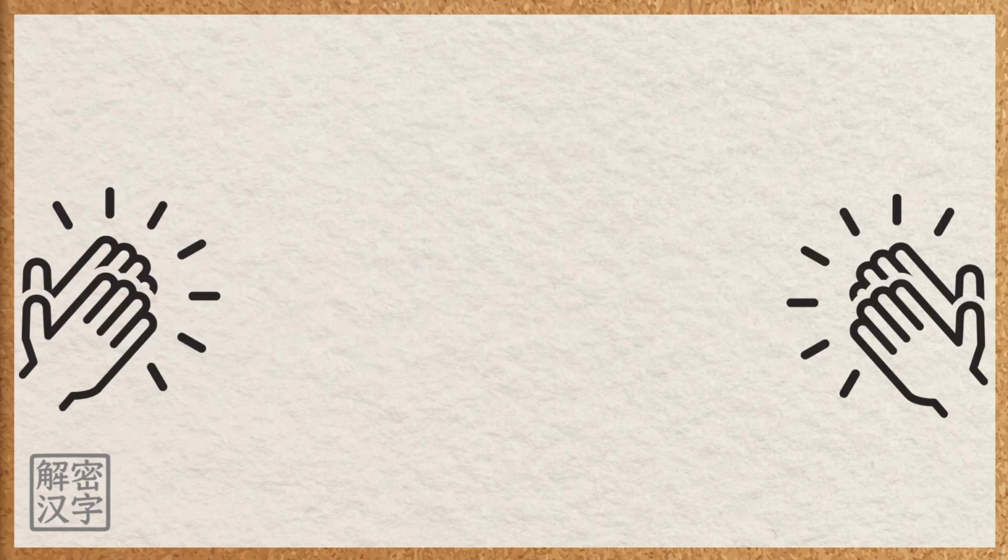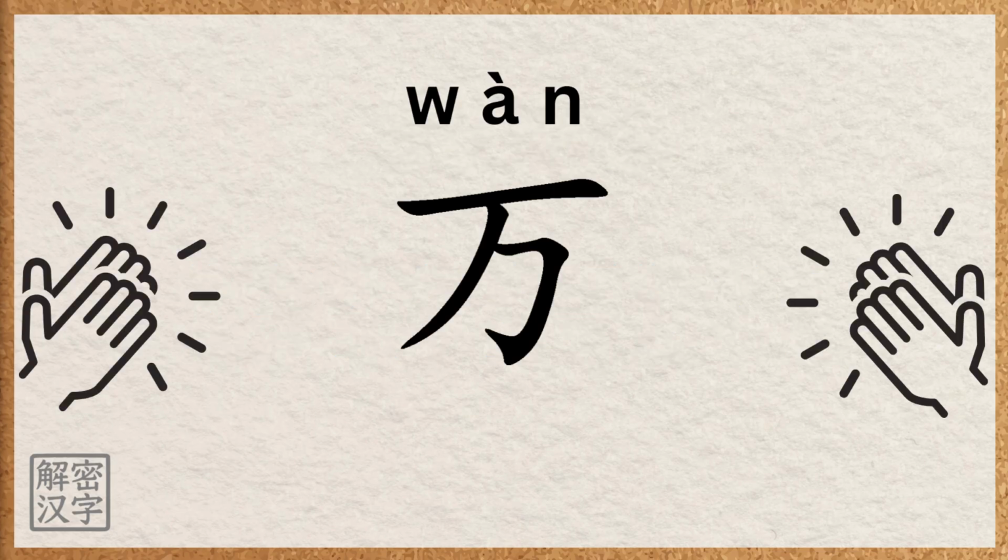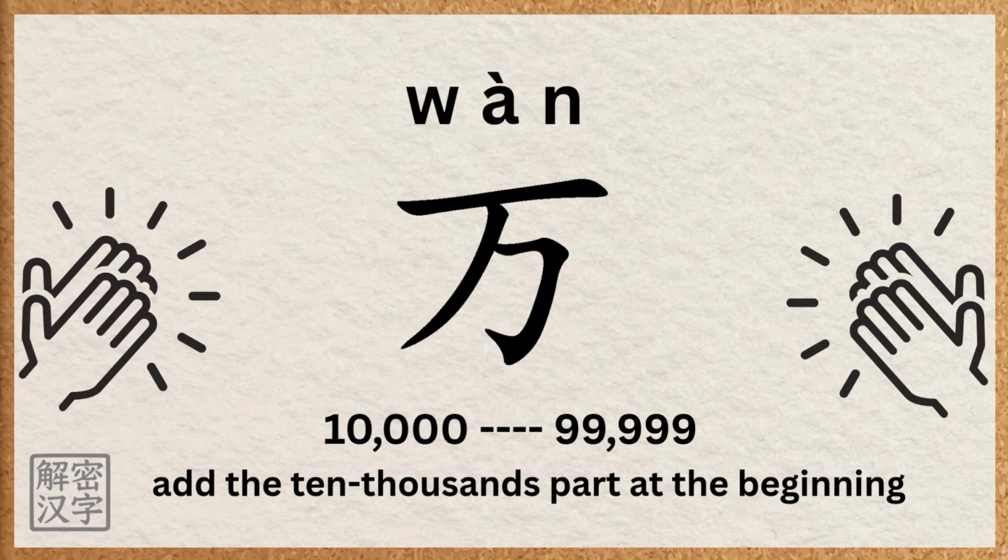Congratulations! You know the character 1, and you can read all the numbers from 10,000 to 99,999 in Chinese now. Let's practice reading it.